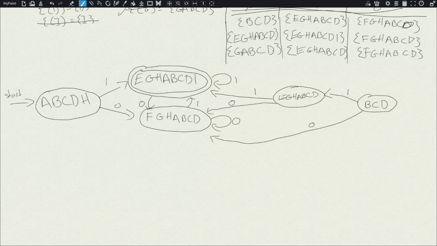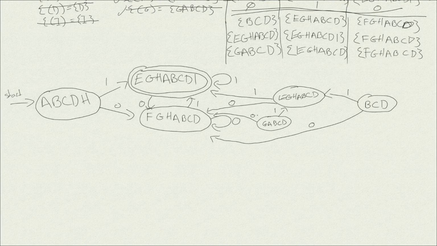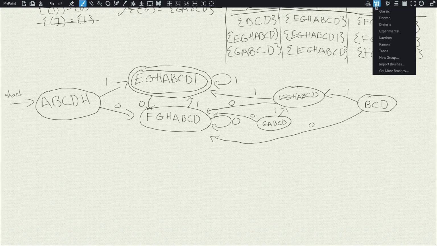Now G, A, B, C, D, we aren't really sure how that's connected, so I'm just going to put it here. G, A, B, C, D with 1 goes here, and with 0 goes here. Notice how, maybe I should change the color.